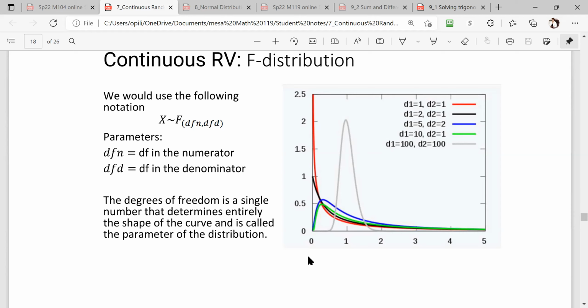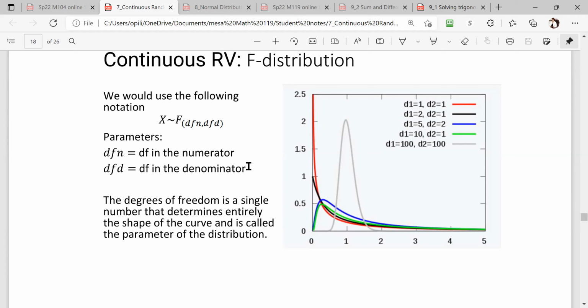So here we see some examples of density curves for the F distribution. And here's the notation that we're going to use. This will read: the random variable X follows the F distribution with degree of freedom of numerator and degree of freedom of denominator.